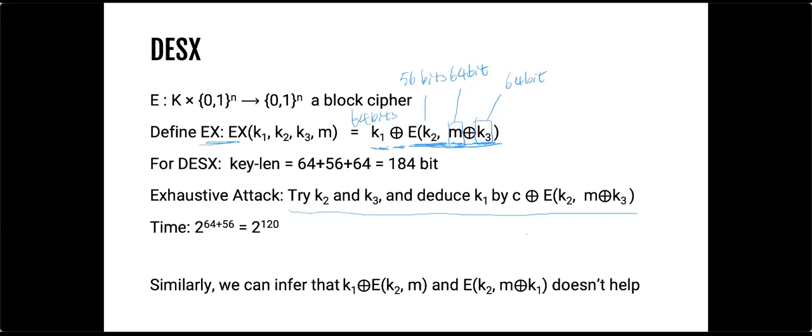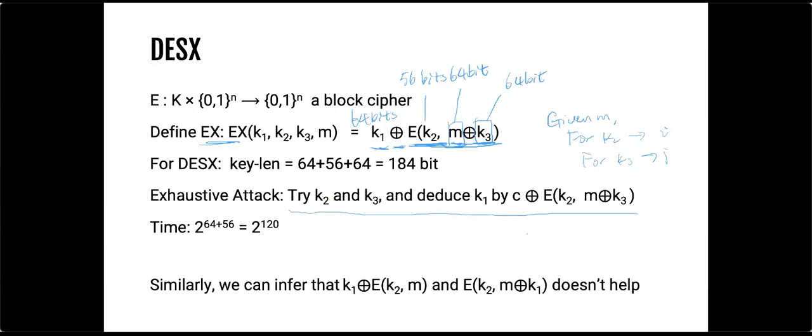Let me just write over here. Suppose that for K2 we have some value, and for K3 some value, right? I'm going to put IJ over here. You know what I mean?